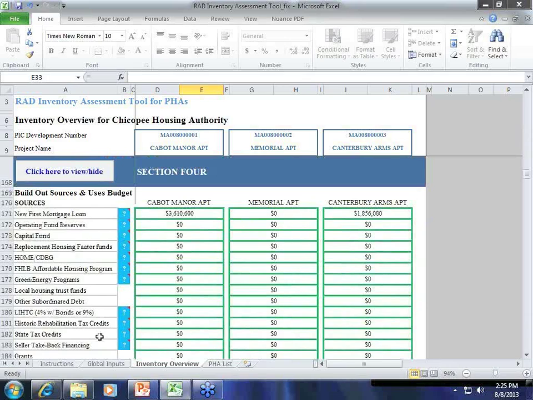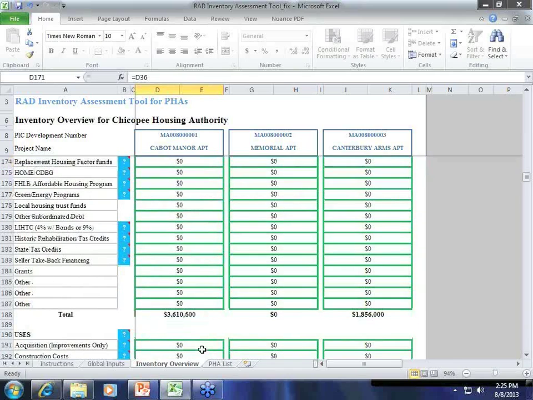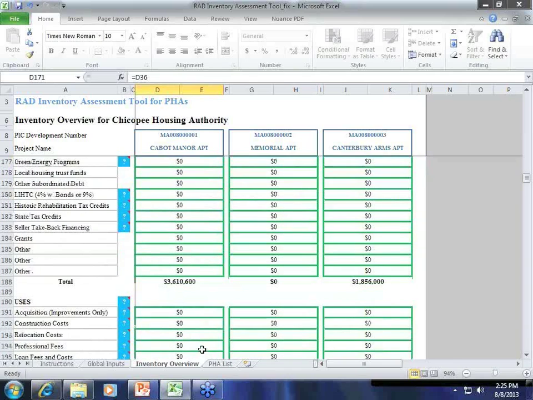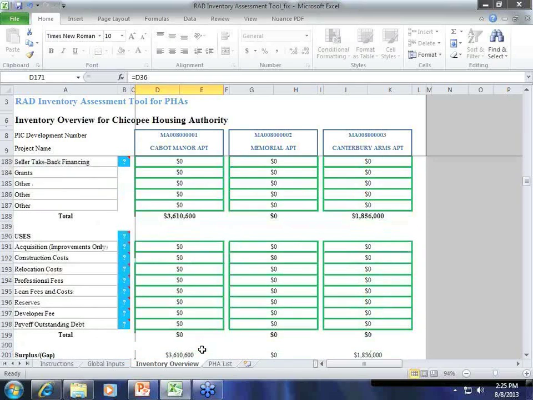You'll see right away that the first mortgage self-populates from the calculation you did above. So that number drops down directly. Then where I usually go next is to the lines of the budget that constitute the uses for your development budget. The first line in the uses is a line called acquisition.